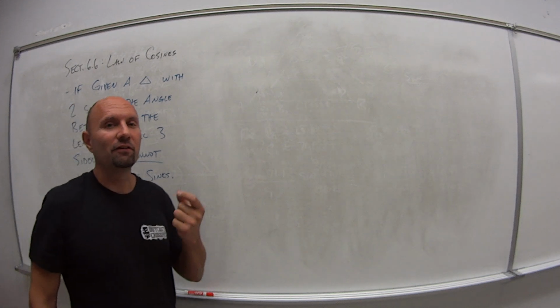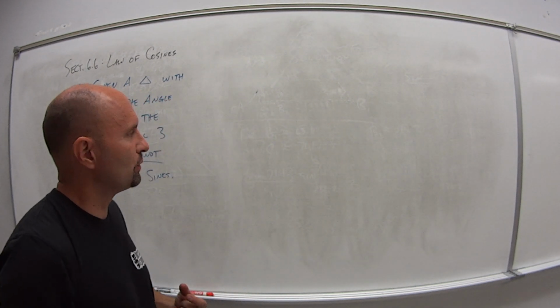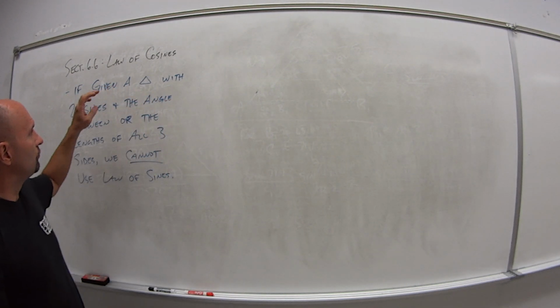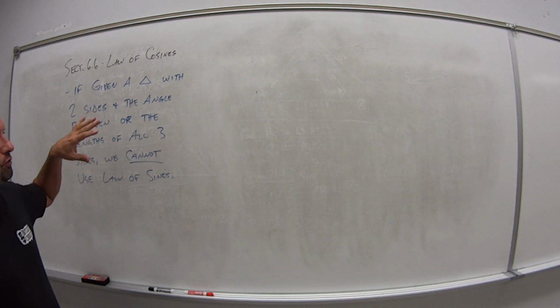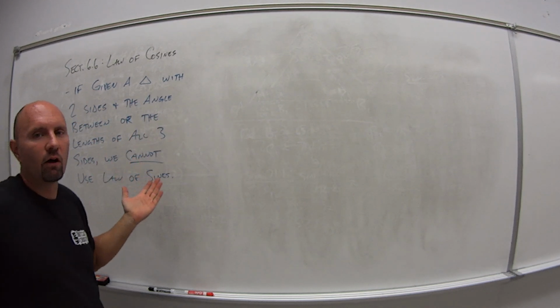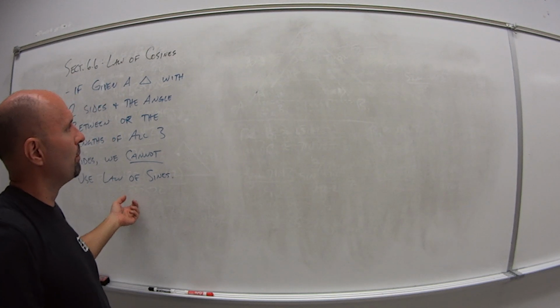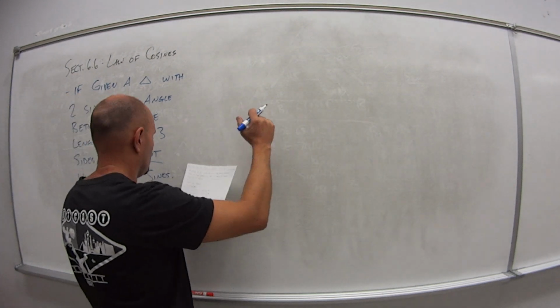Again, the law of sines is very specific about what information we need. If we're given 2 sides and an angle between them, or just 3 sides, the law of sines is useless to us. But that's where the law of cosines comes in.